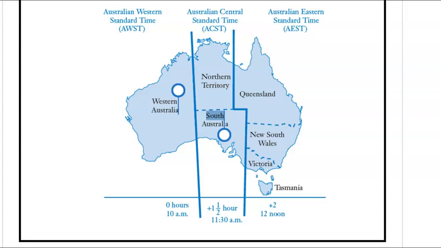So basically, why would you do it? It's to gain more sunlight later in the day, more light later in the day. Well, you can't change the sun. That's why you change the time. But no, that's not how time works.